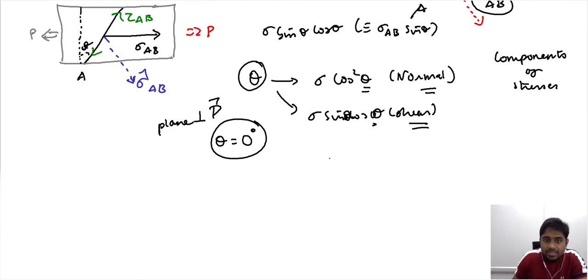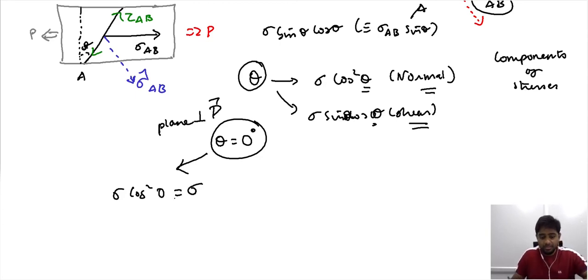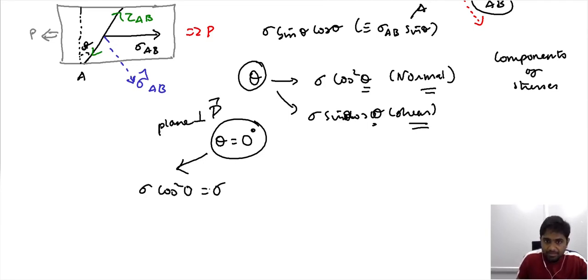Now when theta is 0, let us consider the two components. The normal component is sigma cos square 0, and since cos 0 is 1, we end up having sigma.